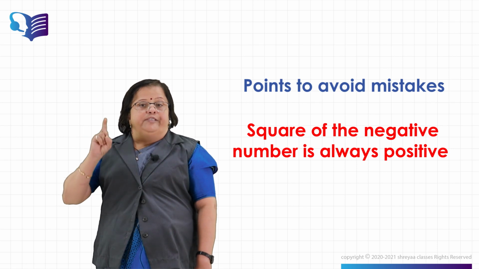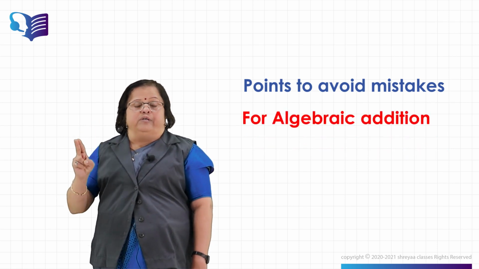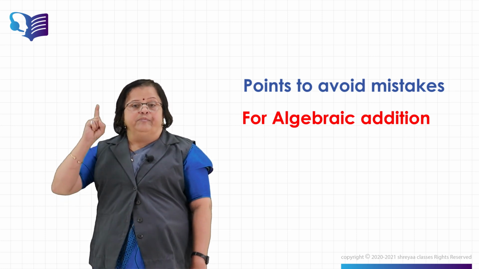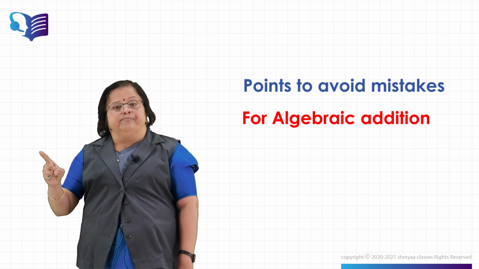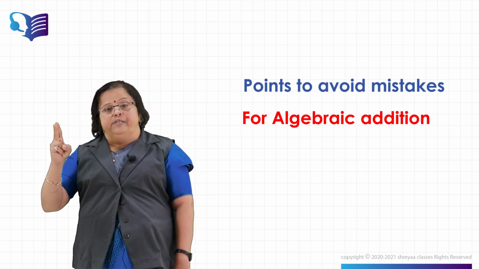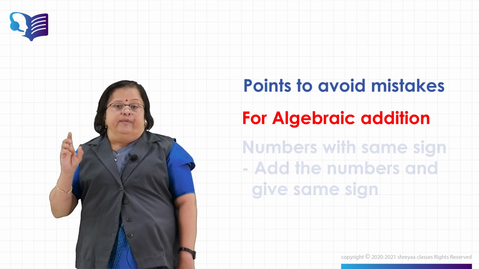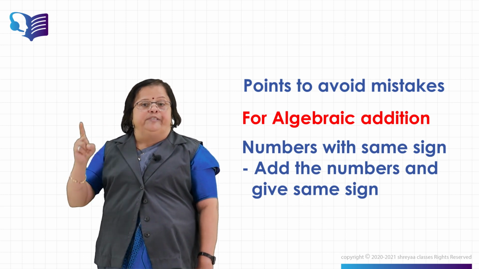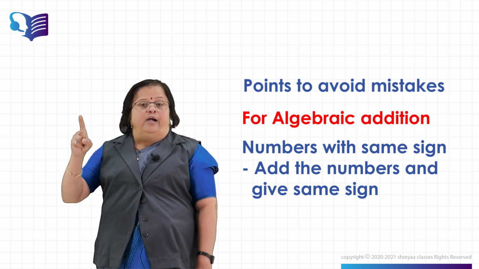Okay. Then the second important rule: when you add two numbers, there are two possibilities. One possibility is that these two numbers have the same sign, or the second possibility, these two numbers are with different sign. Let us see. If two numbers are with the same sign, either plus or minus, then you have to add the numbers.